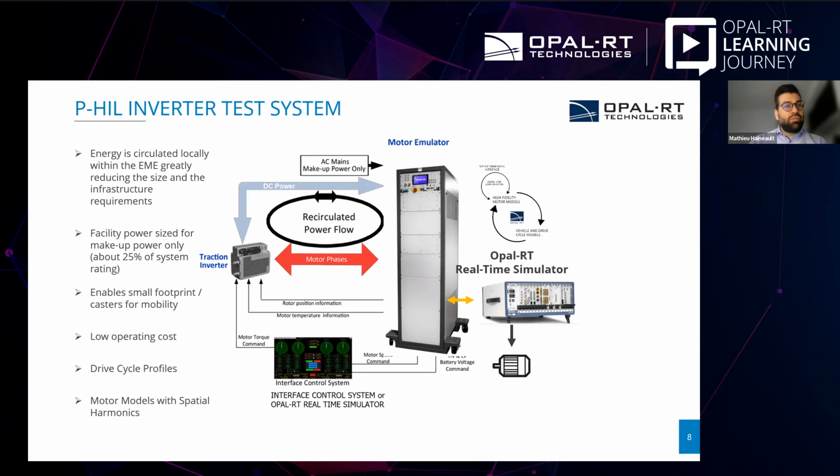Any power consumed from the DC supply and pushed as motor phase control to the emulated back EMF is recirculated to the internal DC bus of the cabinet. That means that in the worst case scenario, the bench will only consume 25% of the maximum rating of the test capability of this bench.